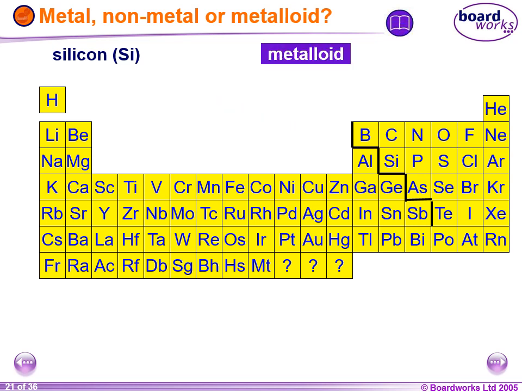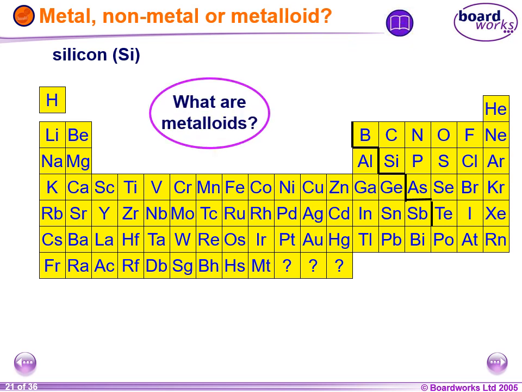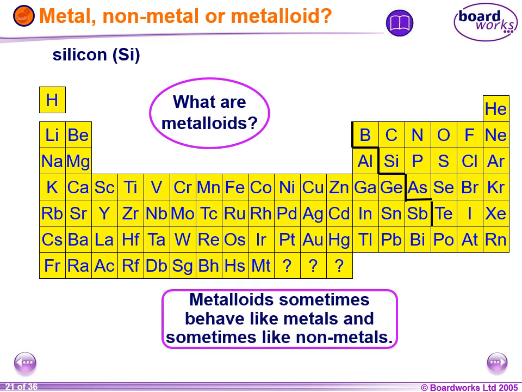Okay. Silicon is an example of metalloids. So, what are metalloids? Itong metalloids sometimes behave like metals and sometimes like non-metals. So, magaling, di ba?